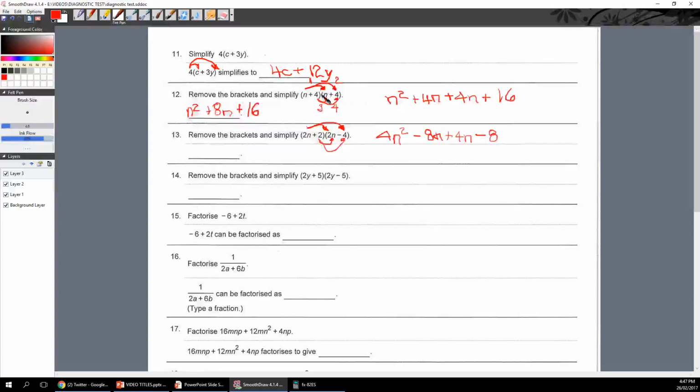Just popping up to this one here, this is actually equal to 4 plus n all squared. When you're doing squared, it's just the square of the first. So that's n plus 4 all squared. You square the first, twice the product of the terms, so 4n times 2 is 8n.